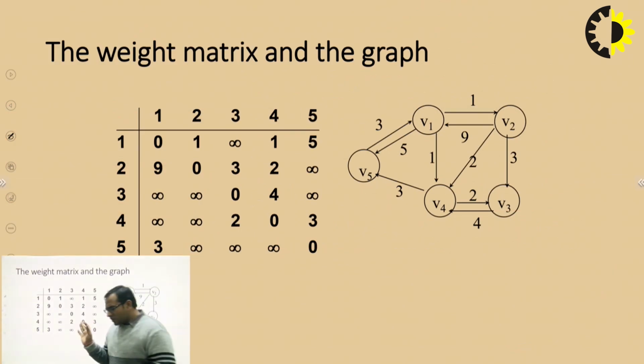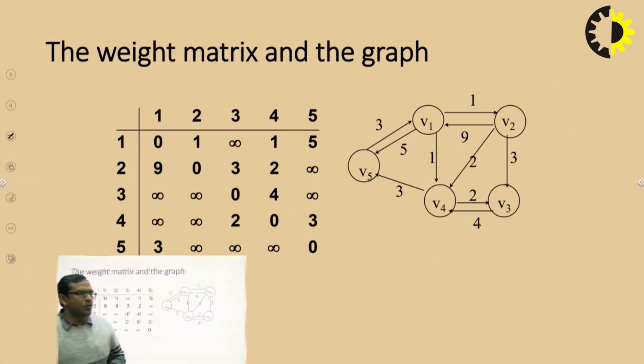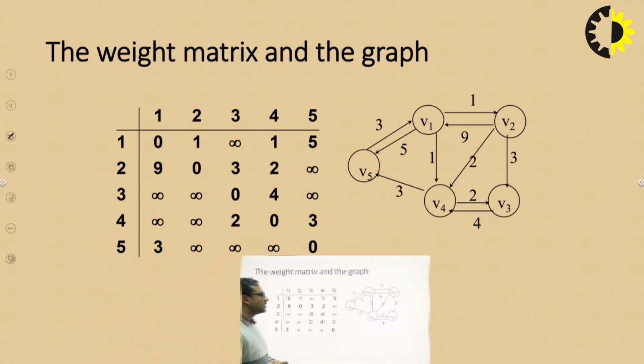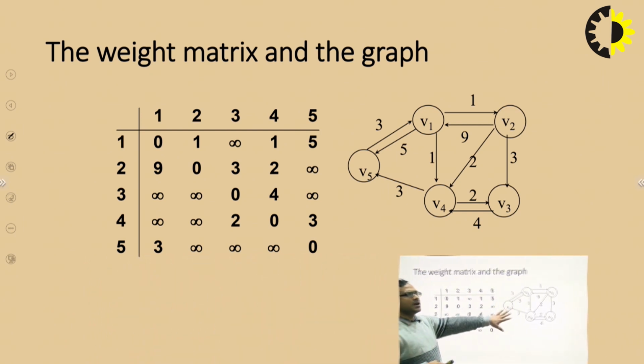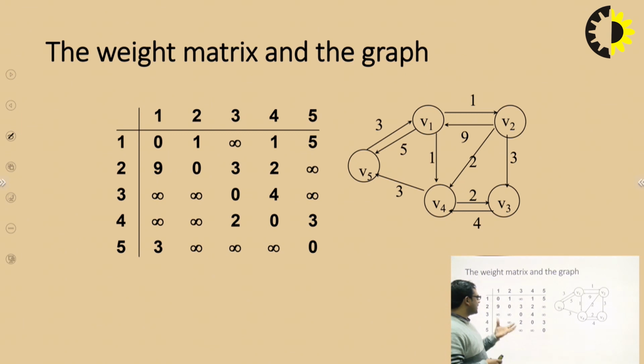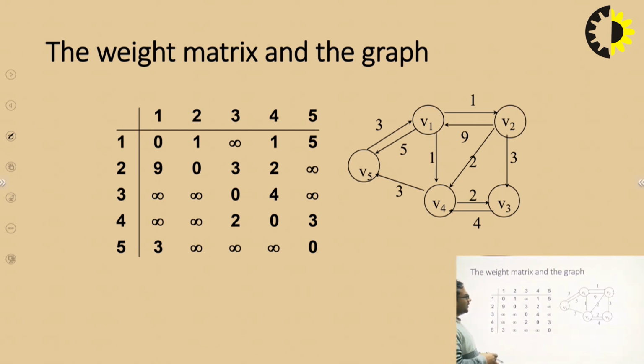Okay, so this is a question which you can try at home after this lecture. I am giving here a graph. This is the matrix, and you can see I have already put 0 in the diagonal, because if i and j are equal, the diagonal values are 0.